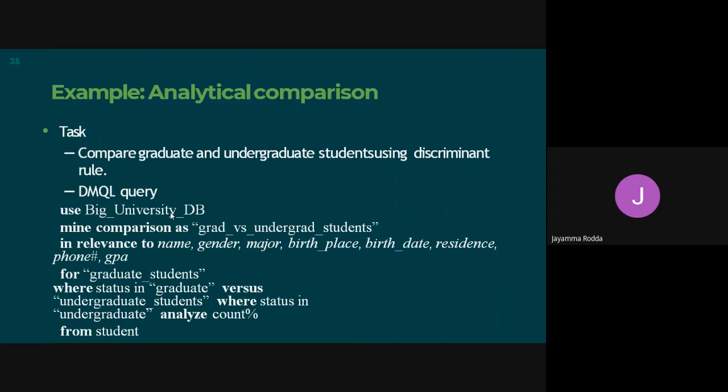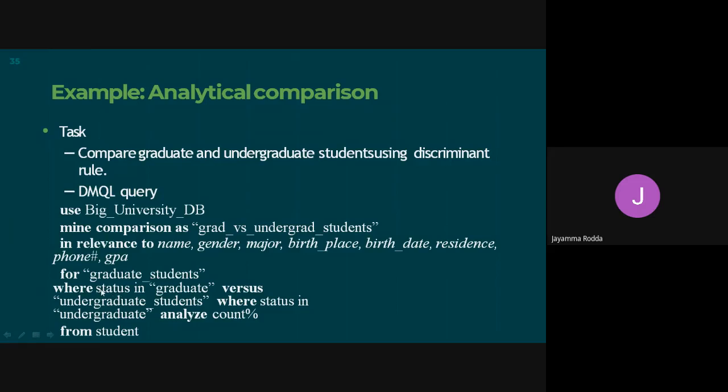We are going to mine the graduate and undergraduate students. And what are the attributes set in relevance, means what are the list of attributes that we are going to retrieve? Name, gender, major, birthplace, birth date, residence, phone, GPA. And this is for graduate students, and we are going to name that as graduate students.